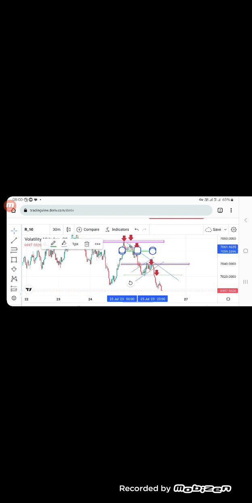Resistance, support. Now we are going lower with the trend line. So resistance, support, resistance, support. You only execute your sells when you're around resistance, or after you have broken your support and retested it at least 2 or 3 times.